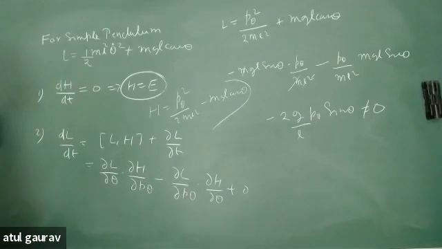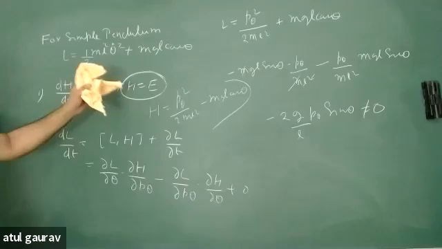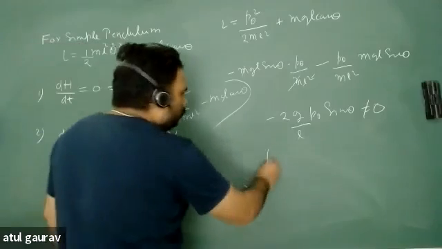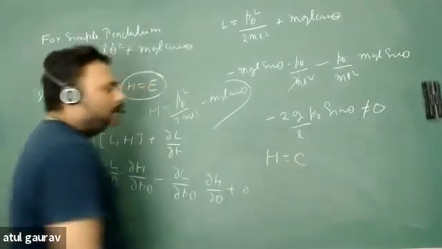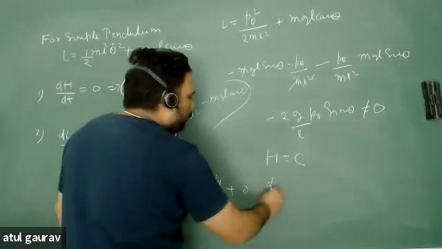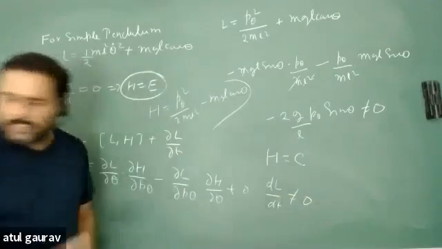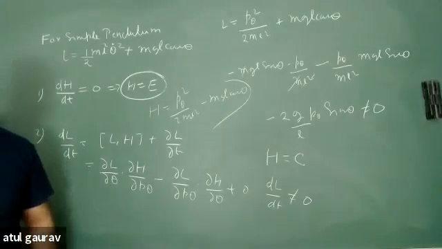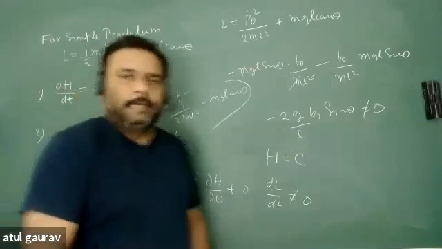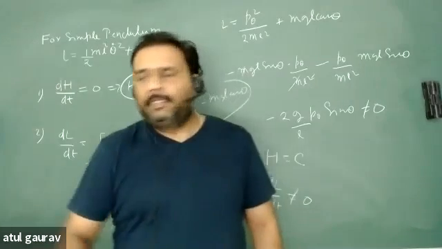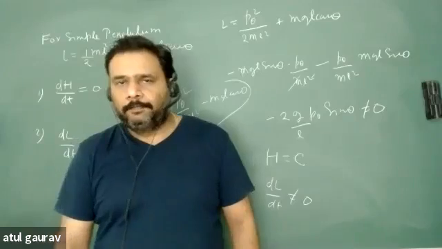So for the simple pendulum, the Hamiltonian is acting like a conserved quantity, but for the Lagrangian dL/dt is not equal to 0, meaning the Lagrangian is not going to be conserved. So only by watching the Hamiltonian, you cannot say that your Lagrangian is also conserved.